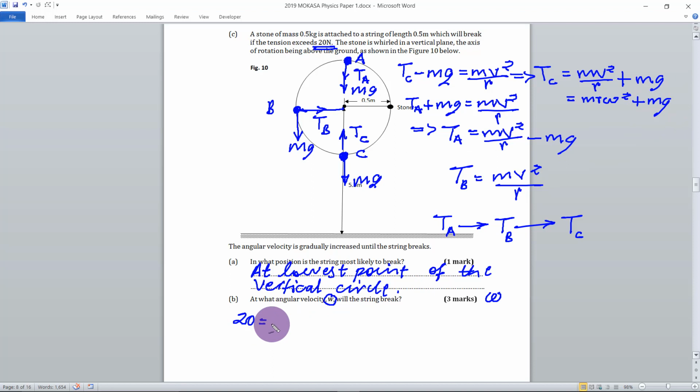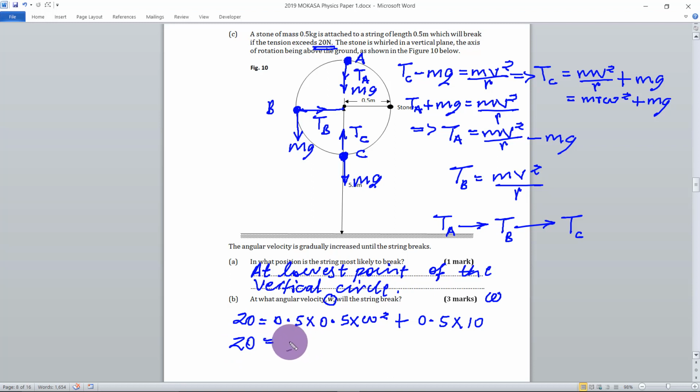So 20 is going to be equal to the mass of the stone, which is 0.5, times the radius of the circular path, which is 0.5 meters, times omega squared. Now I have m r omega squared plus the mass again, which is 0.5 times 10. And of course this one will be 20.